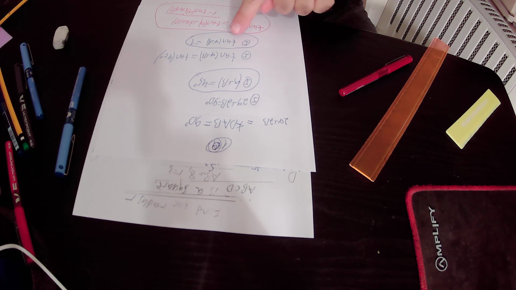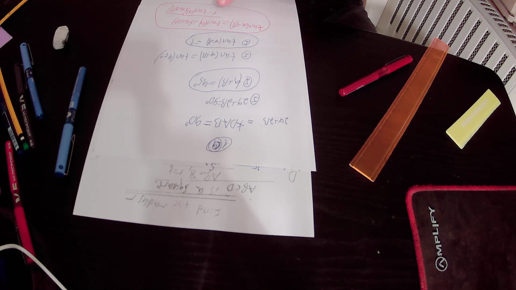So instead of tangent alpha plus beta in equation number 1, we write down this expression that equals tangent alpha plus beta. So equation number 1 will be tangent alpha plus tangent beta over 1 minus tangent alpha times tangent beta.